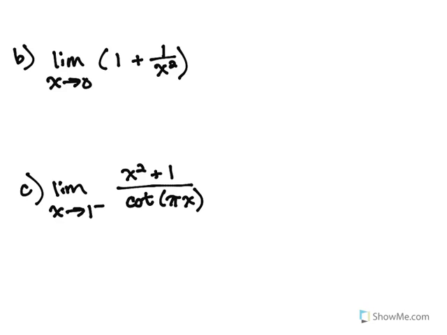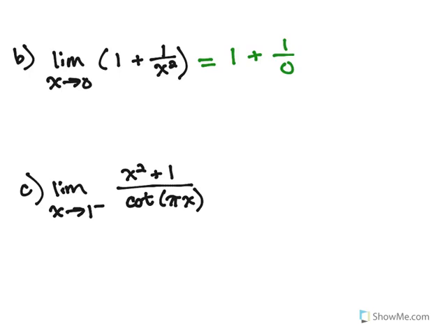Okay, so let's look at some other functions and see what happens. This next one, if I plug x equals 0 in here, I get 1 plus 1 over 0. Now that 1 over 0 is either going to positive or negative infinity.